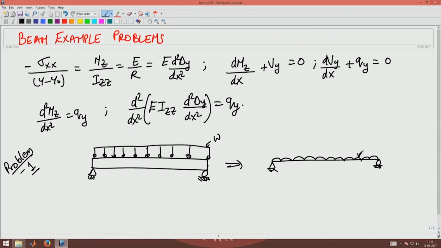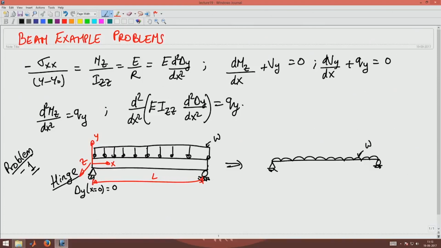Many of you would be familiar with this. This is of magnitude W. What this support tells us is this is a hinge support. So, if I measure my coordinate system from here, say this is x, this is y, and this is z, and this length is L. Then what this hinge support says is at x equal to 0, delta y has to be 0.